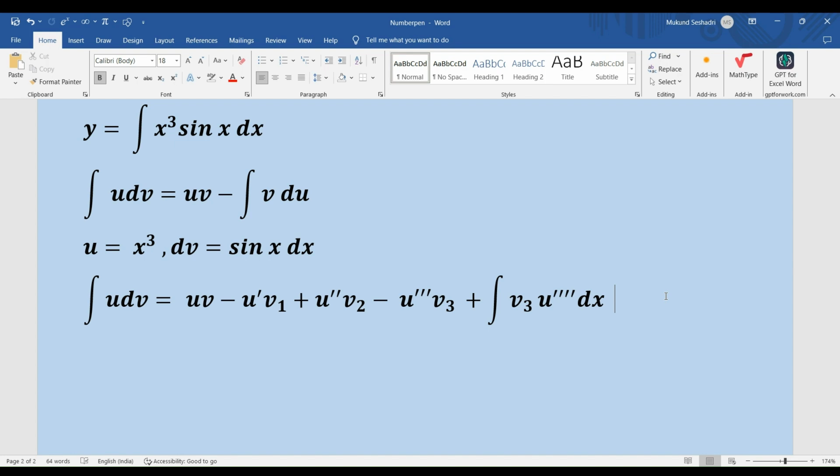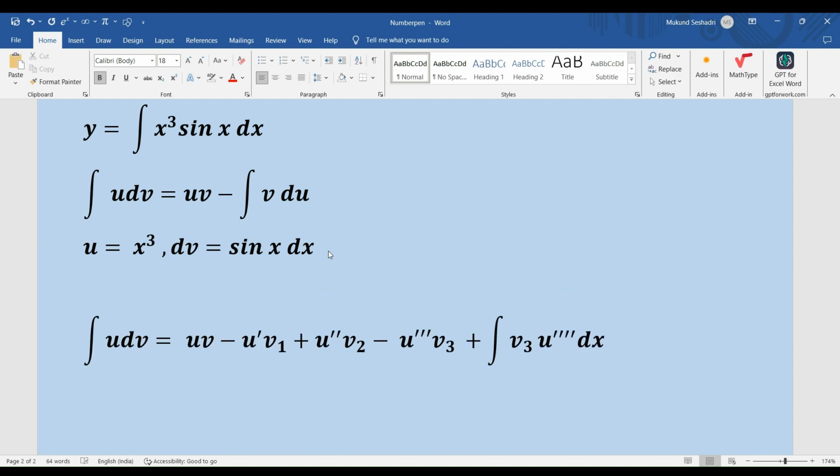I need my u dashed, u double dashed, u triple dashed, okay, and I need my v1, v2 and v3, right? And what else? So let's calculate this. Let's work out our successive derivatives and successive integrals of u and v respectively, and let's see what we get before we go to the next step towards solving this problem, right?